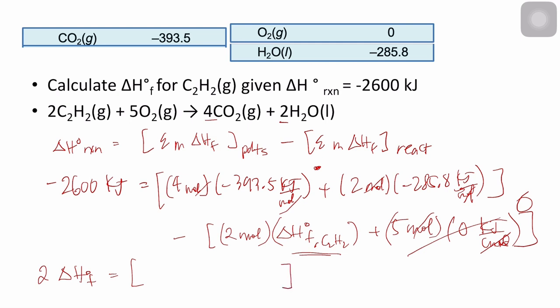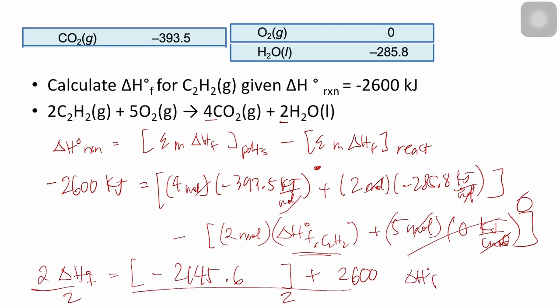4 times negative 393.5 plus 2 times negative 285.8. So that's a total of negative 2145.6. Then the negative 2,600 will be added instead since it's transposed. Then we divide both sides by 2. So your standard heat of formation for C2H2 would be equal to 454.4 kilojoules per mole.